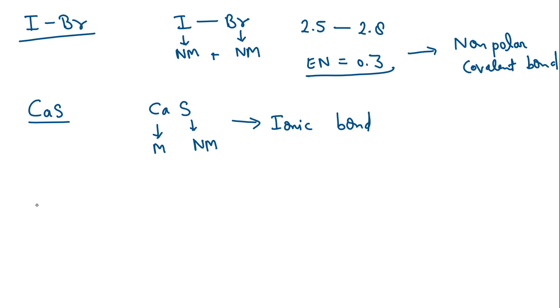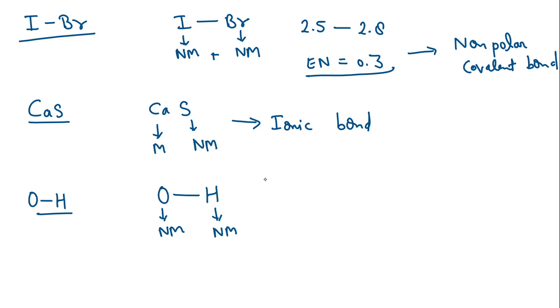Our next molecule is OH. So both atoms are different, and oxygen is non-metal, hydrogen is also non-metal. Now look at the En value for both atoms.